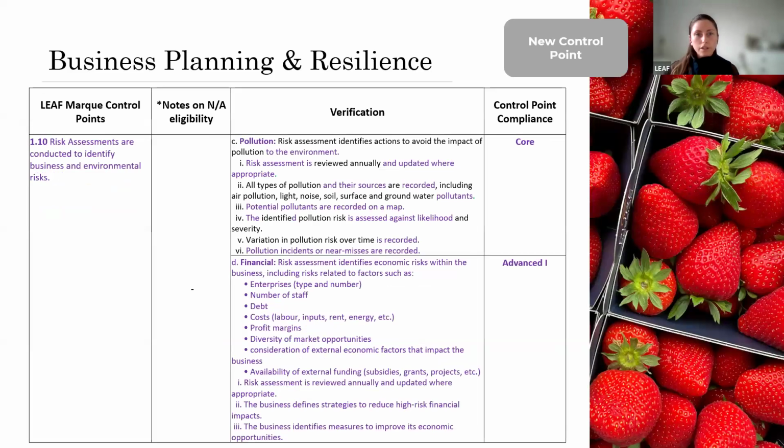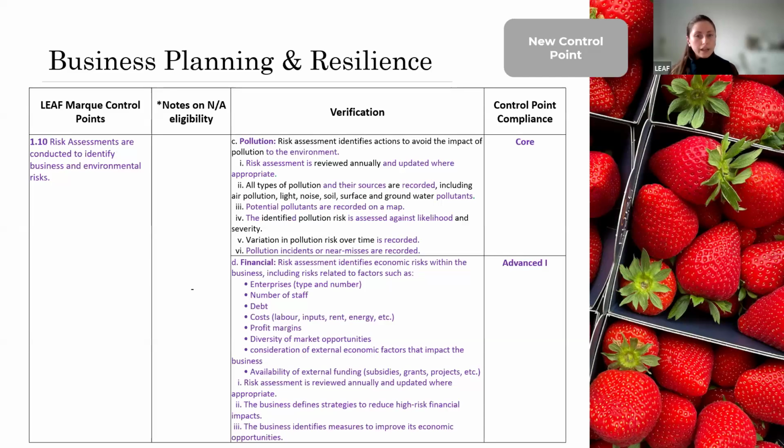Then if we move on to the other components of this control point, we have moved C into this control point. So the pollution risk assessment previously existed in the standard. It is currently in what's called the pollution and byproduct management section of version 16.1, but we have in version 17 moved it to this section.